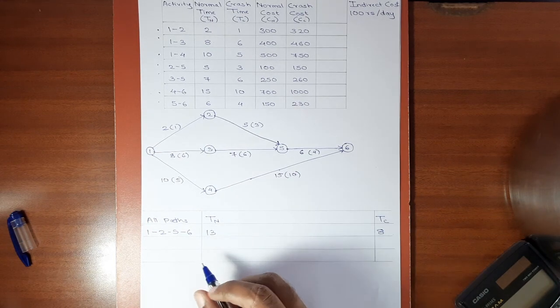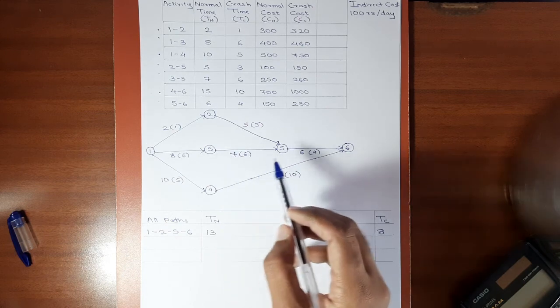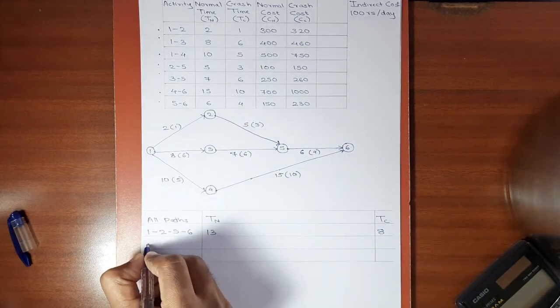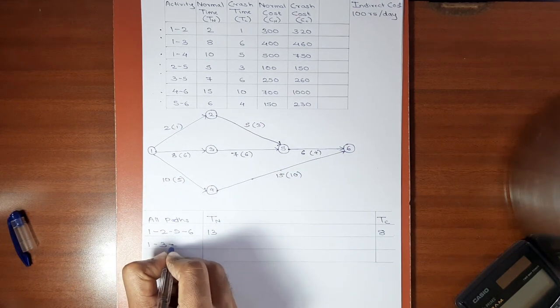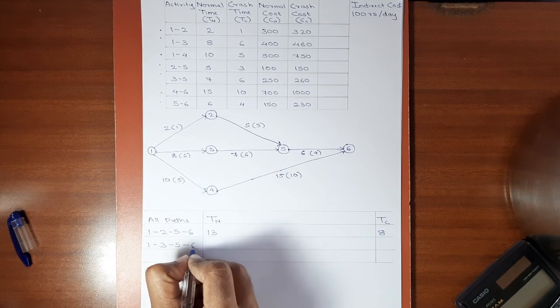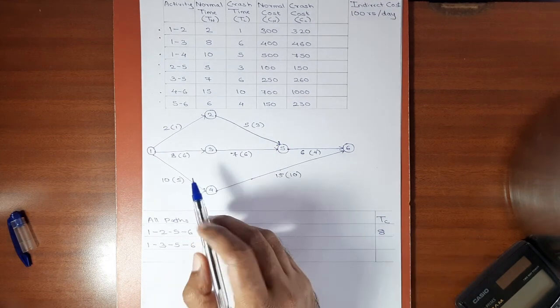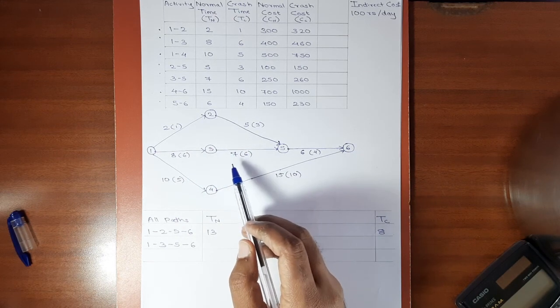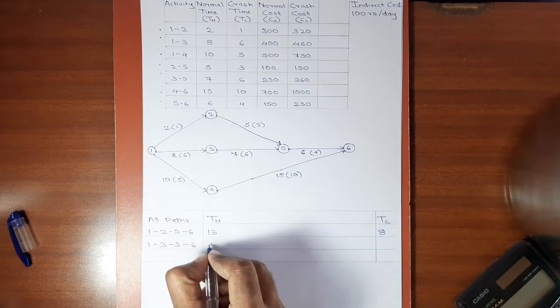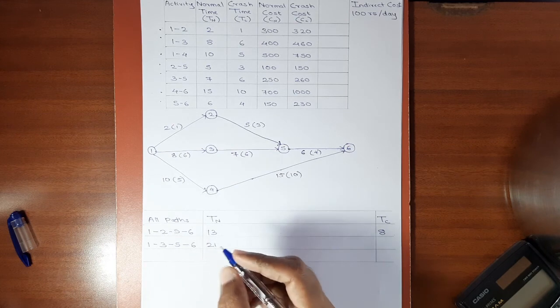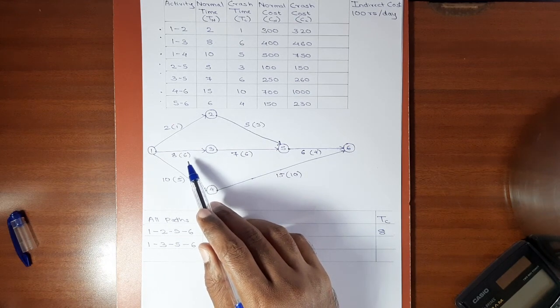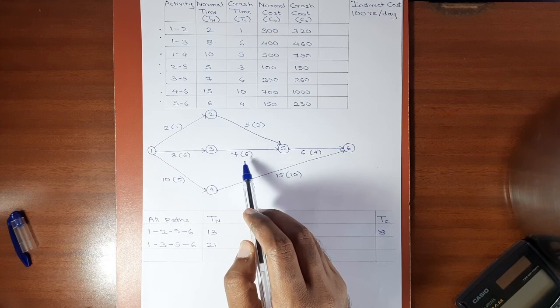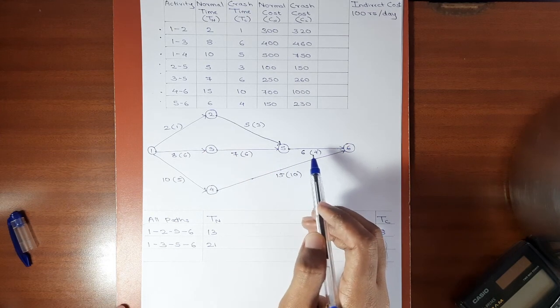The next possible path will be 1, 3, 5, 6. The normal time will be 8 plus 7, 15, 15 plus 6, 21. And the crash duration will be 6 plus 6, 12, 12 plus 4, 16.